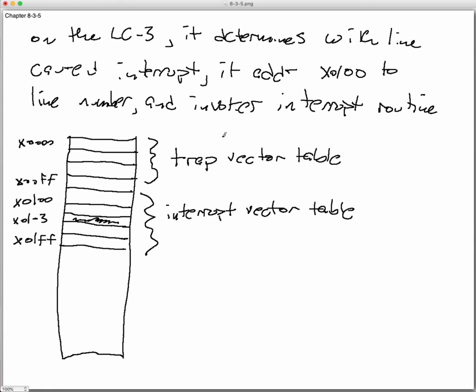Okay? So you can see that interrupt vector table is very much like the trap vector table. These you call, okay, the program calls these. This is program control. This over here is computer control.